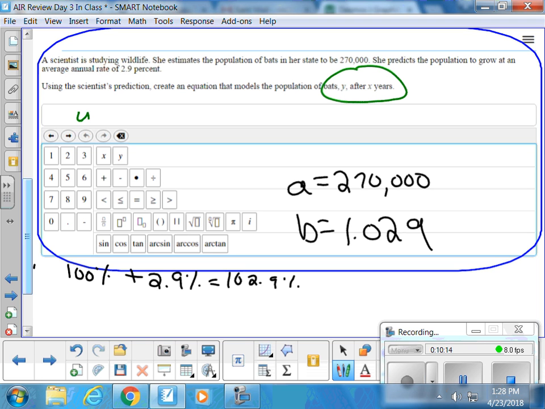So y equals 270,000. If I was typing in the box, I would not use a comma. I don't even see a comma available. I see a decimal point and a negative sign. Then you could use your multiply sign next, times the b value, which is the growth factor, 1.029. And the exponent is next.